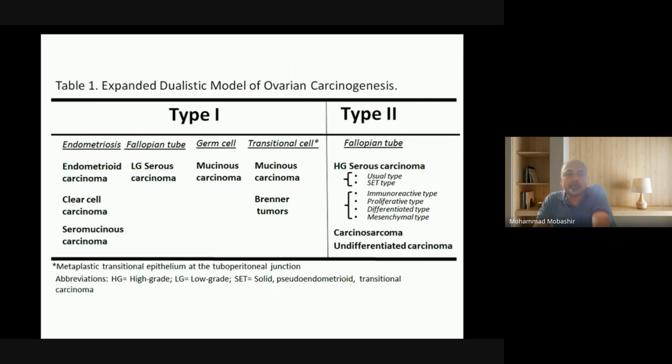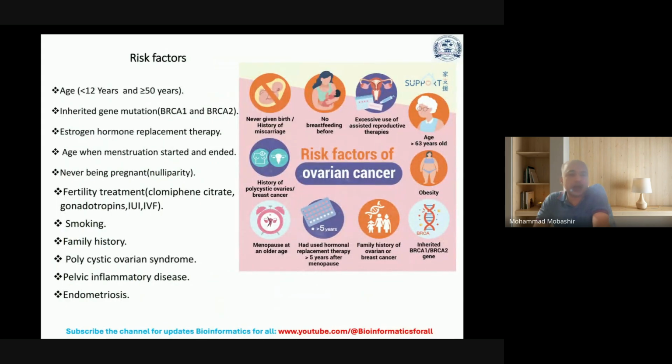And then here, if you understand endometriosis, endometrioid carcinoma, clear cell carcinoma, seromucinous carcinoma, and then in this way you can understand the clinical types of ovarian carcinogenesis. Now, what are the risk factors for ovarian cancer?